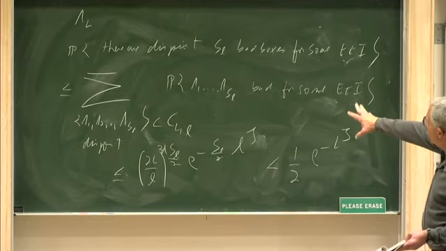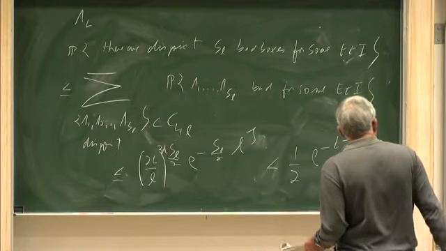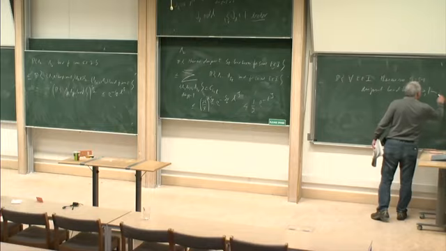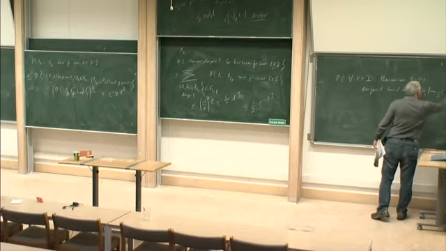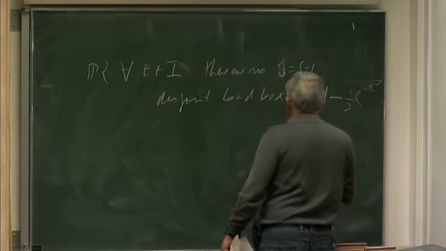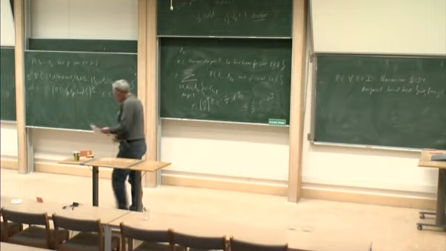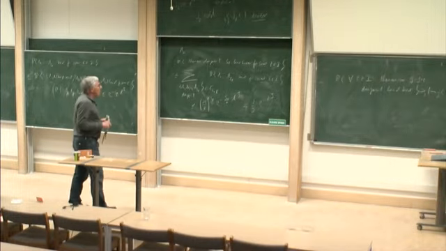So I get the probabilistic estimate. So this is less than 1/2 of what I want. And then I have to take care of the other part.